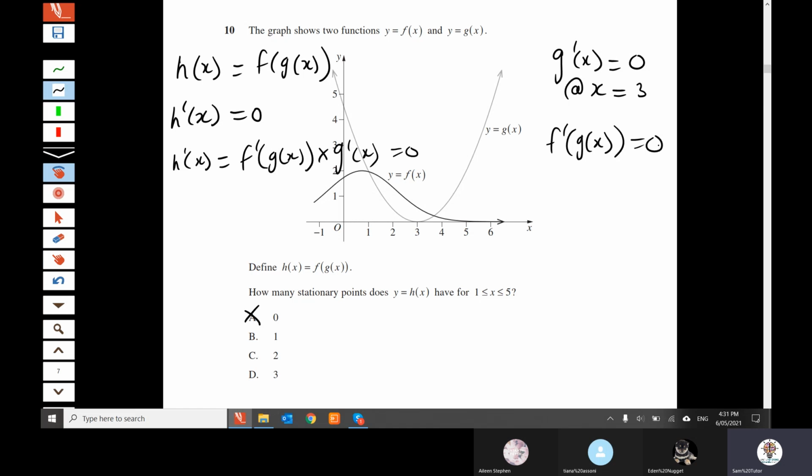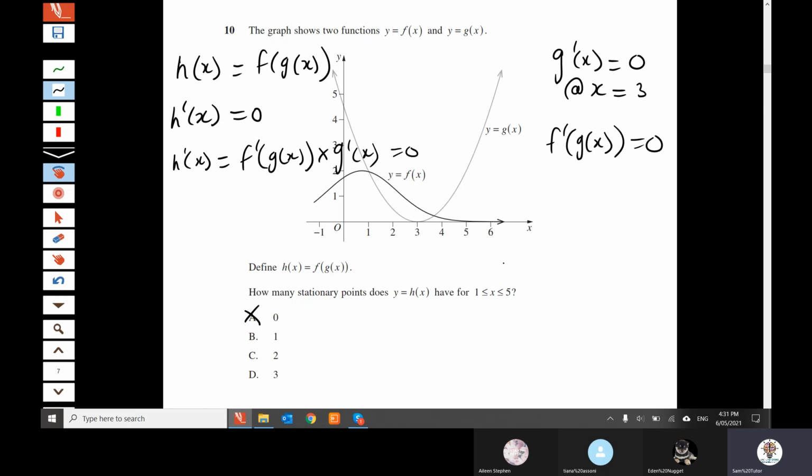For that to occur, we need to work out when the derivative of this equals zero. Let me recall what I've done.